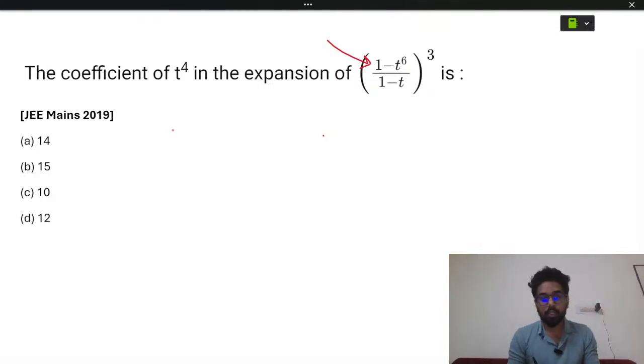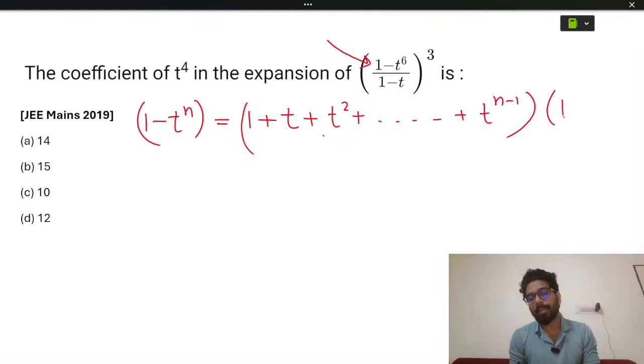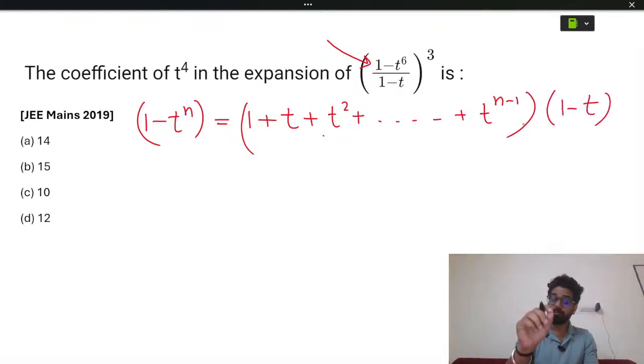So here you can write 1 minus t power n as 1 plus t plus t square plus dot dot till t power n minus 1, multiplied by 1 minus t. It's very important, you can note it down. And in this case we are dividing the whole thing by 1 minus t.